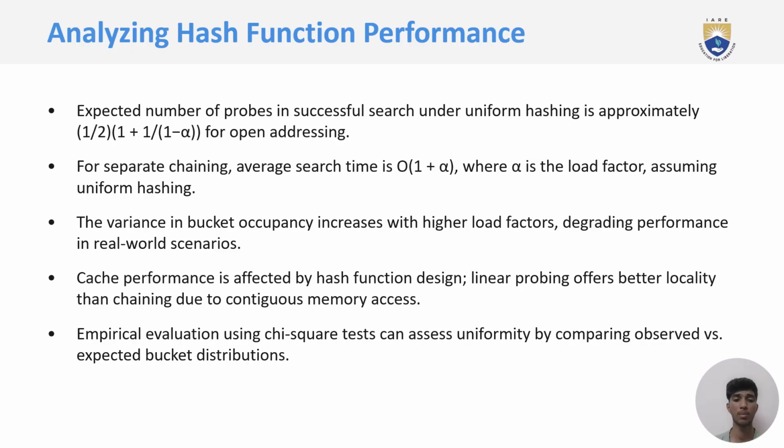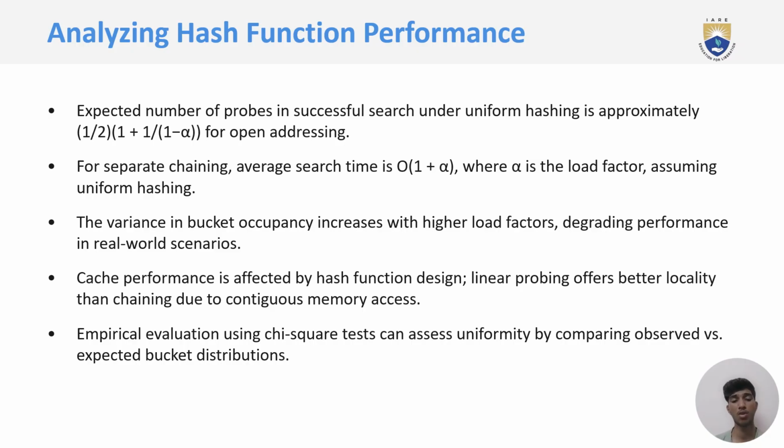Analyzing hash function performance. The performance of a hash function is measured by how efficiently it distributes keys. For separate chaining, the average search time is approximately O(1 + alpha), where alpha is the load factor. As the load factor increases, the number of collisions also increases.